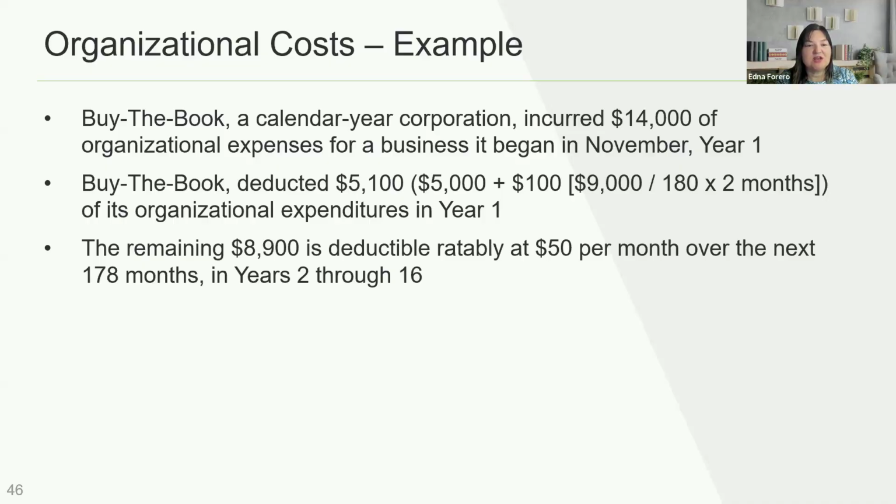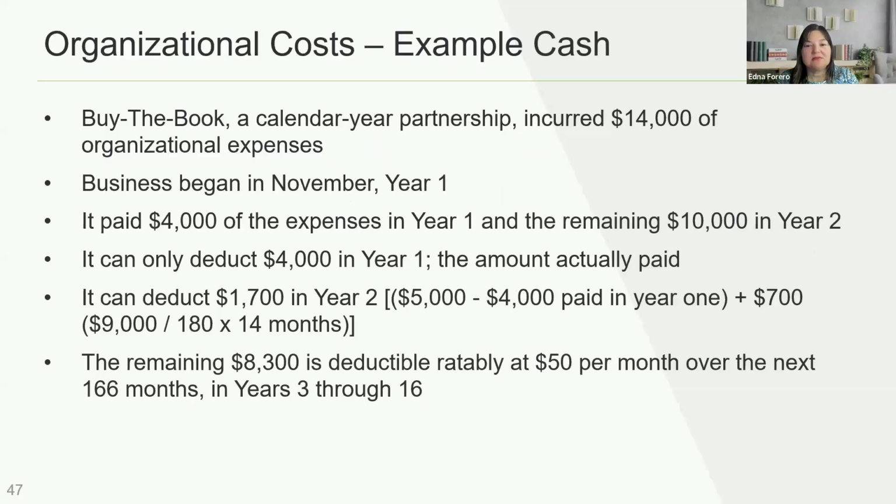So $5,100. So the remaining $8,900 is going to be deducted at $50 per month over the next 178 months between years 2 and 16. All right. So again, $50 per month over the remaining 178 months. We've taken $5,000 as a deductible expense that first year, plus $100 for the 2 months that they were operating the business.